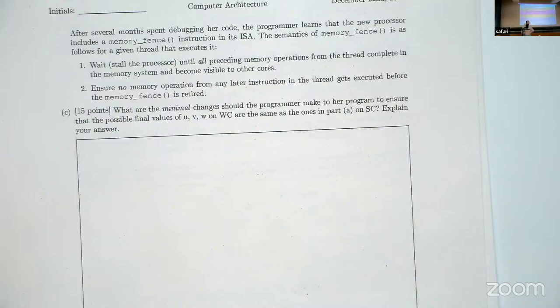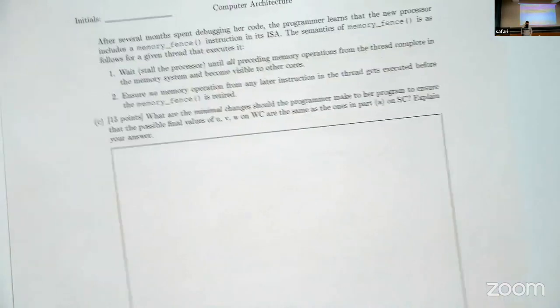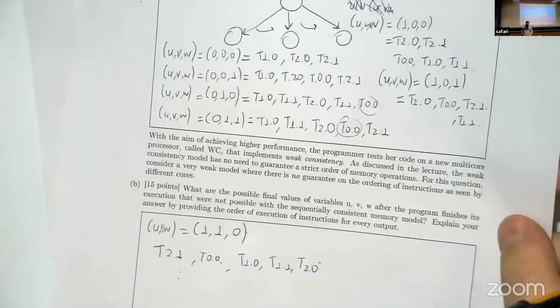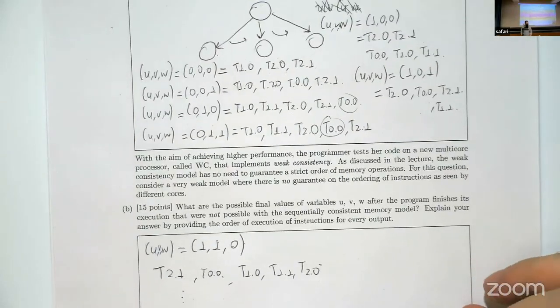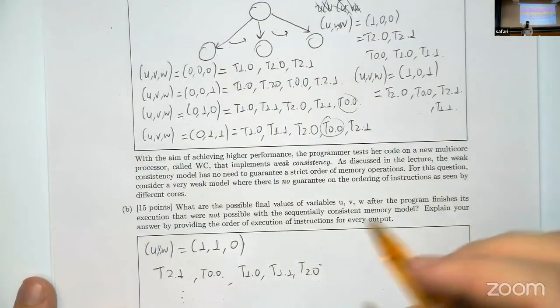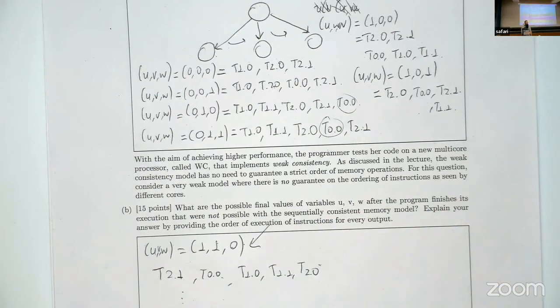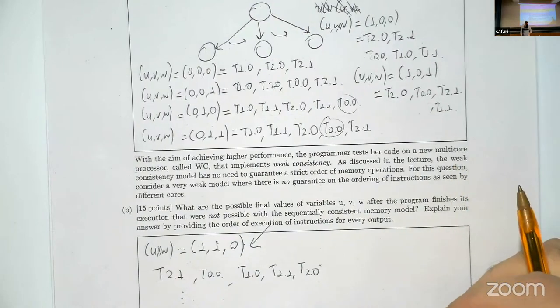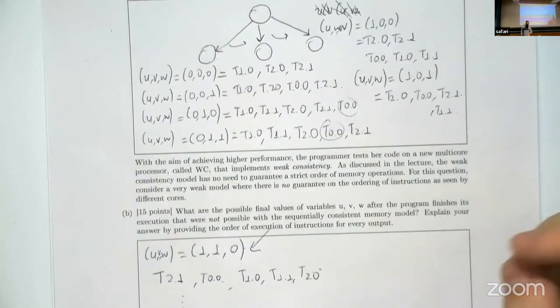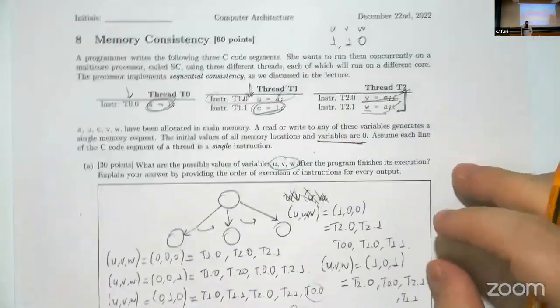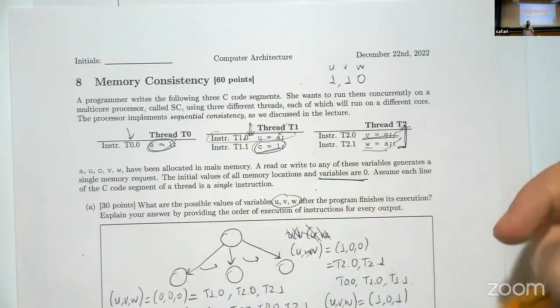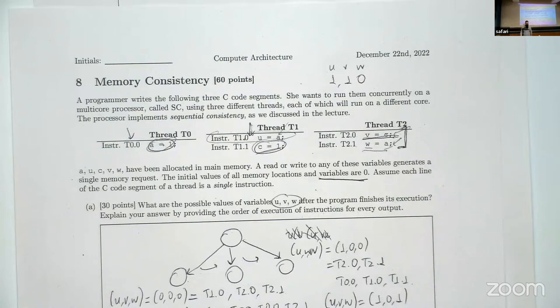Another indirect way of asking is, how is it possible that I have the weak consistency model that disallows this? I should not allow 1, 1, 0 by putting fences somehow. So the question is, how do I change my code, where do I place the fences so that they do not allow this?